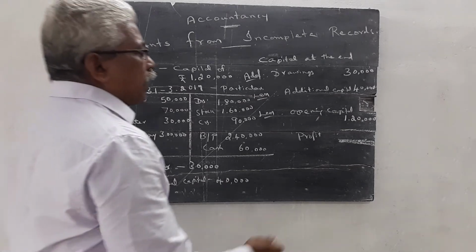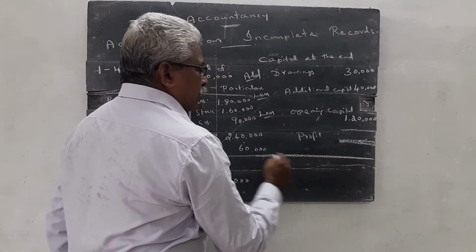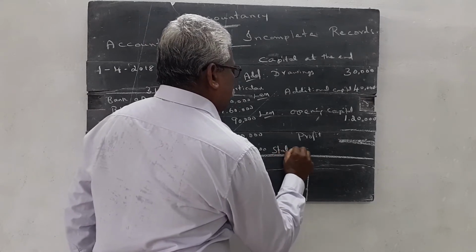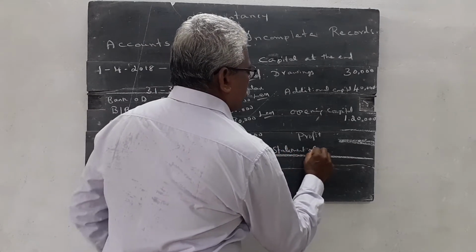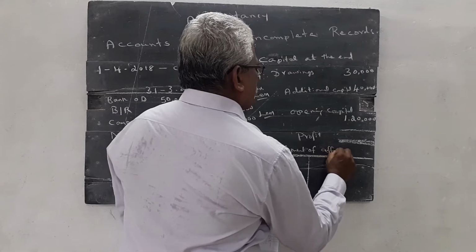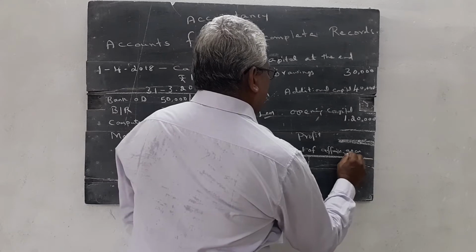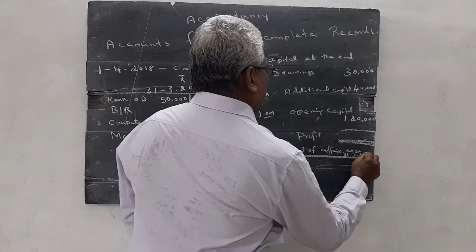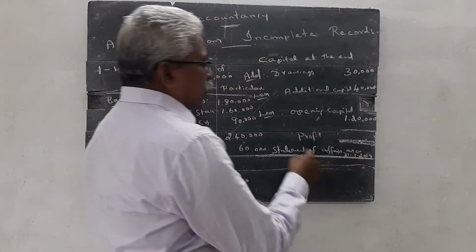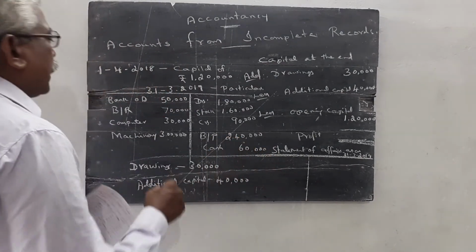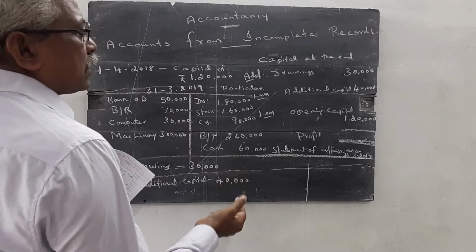Capital at the end is calculated by preparing a statement of affairs as on 31/3/2019. The statement of affairs is a statement containing the balances of assets and liabilities.